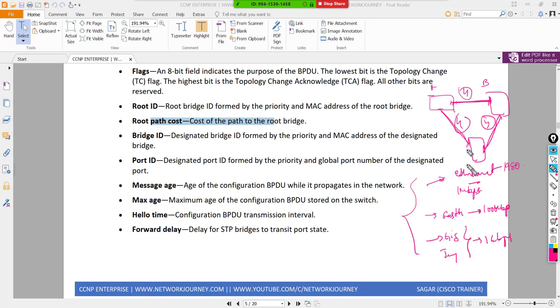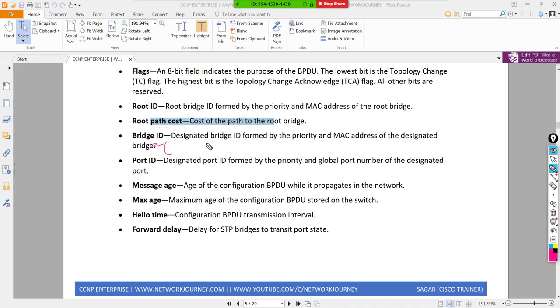So even the spanning tree cost value has changed. For, let's say, the spanning tree cost is 100 here, this will get changed to 19 here. So the more advancement is happening, the cost is also getting decreased. That value is also within the BPDU packet.